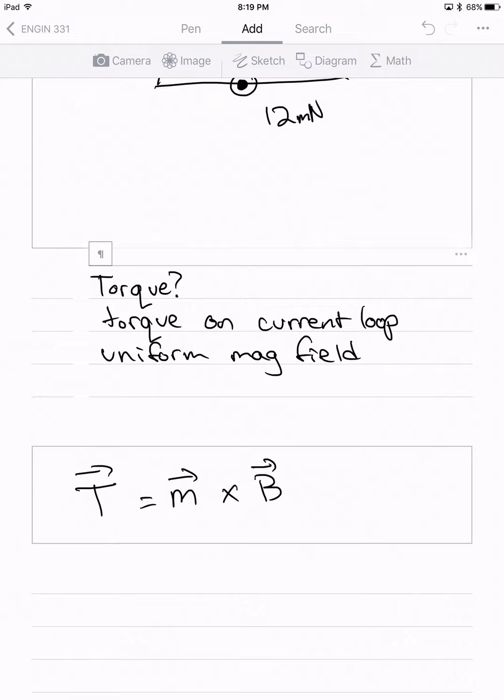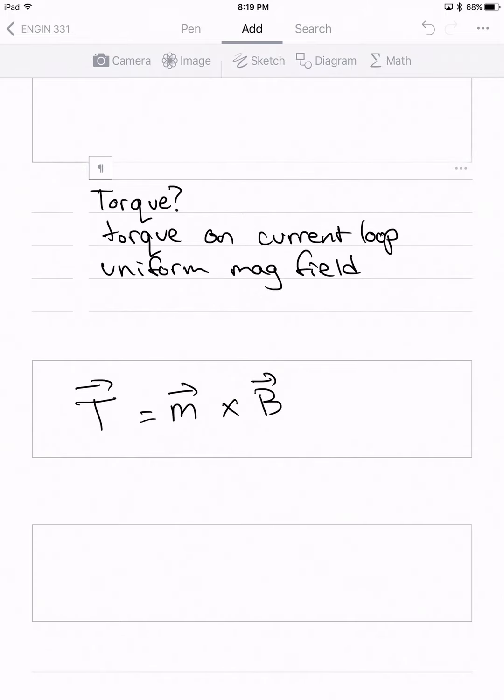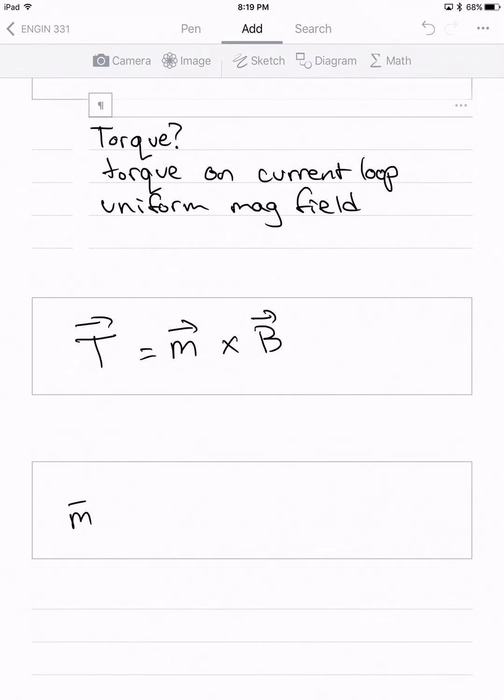That's pretty easy. And that magnetic dipole moment is equal to the current times the area times the surface normal vector.